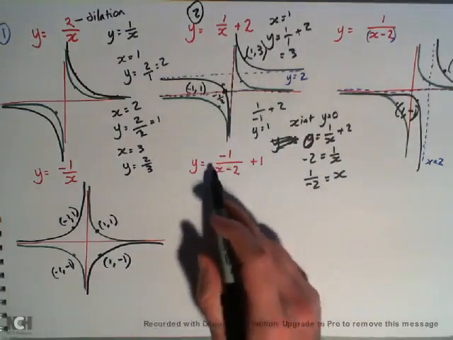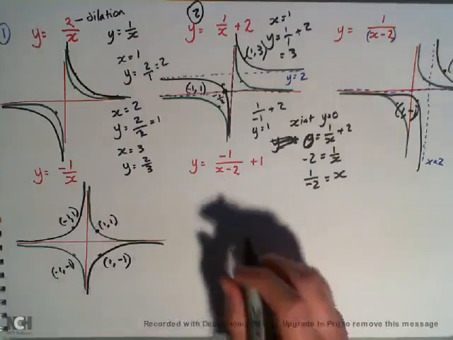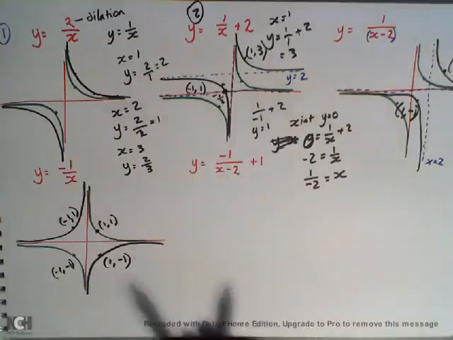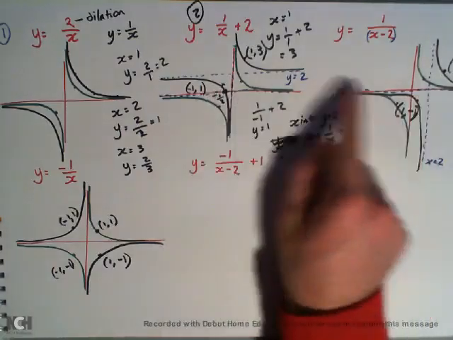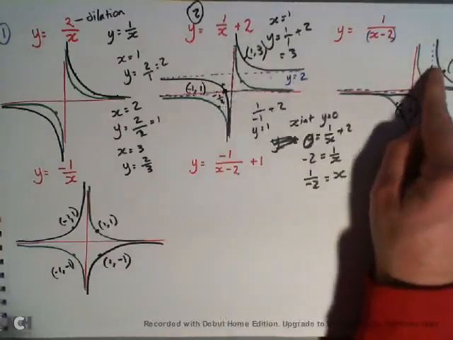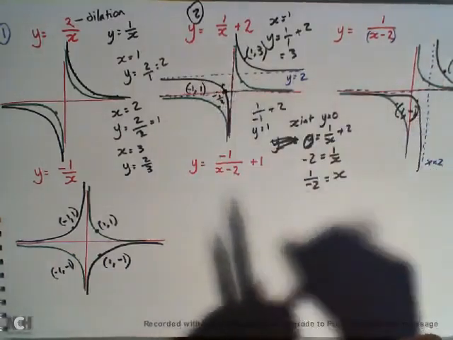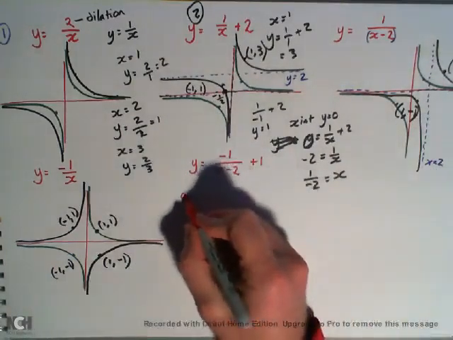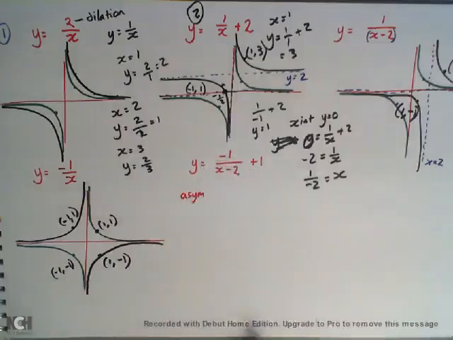One last example where we combine all of them. When you get something like this, it's good to go in steps. So as you saw in the last couple of examples, we look at our reference point, I guess, and that's the asymptotes. So my asymptotes, where are they?